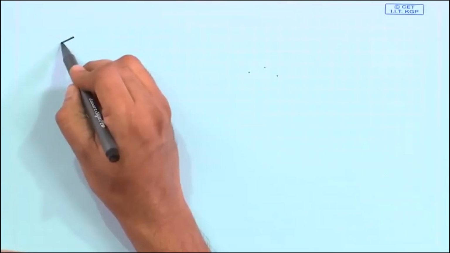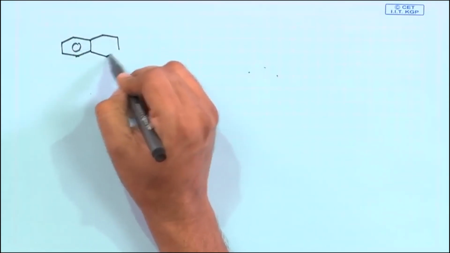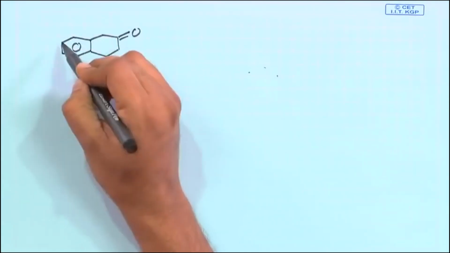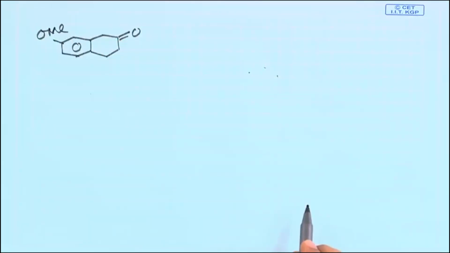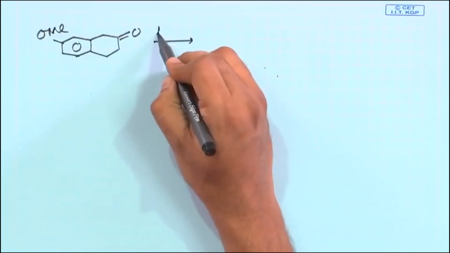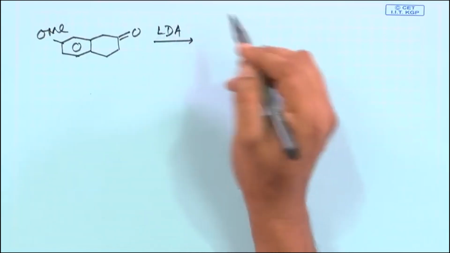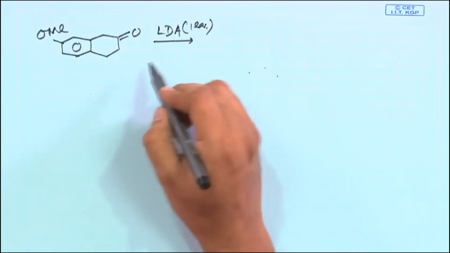So, let us start the forward synthesis. The 7-methoxy tetralone derivative which you choose undergoes successive rounds of alkylation. So, LDA, 1 equivalent. Now, what are the groups that need to be introduced?